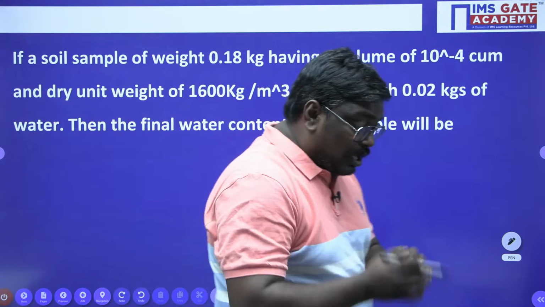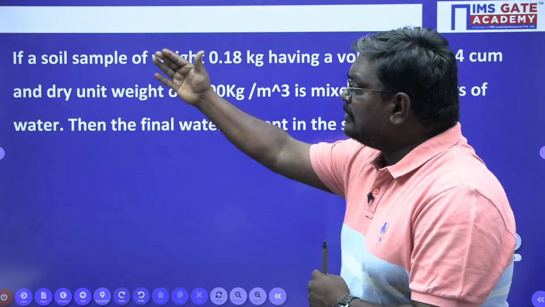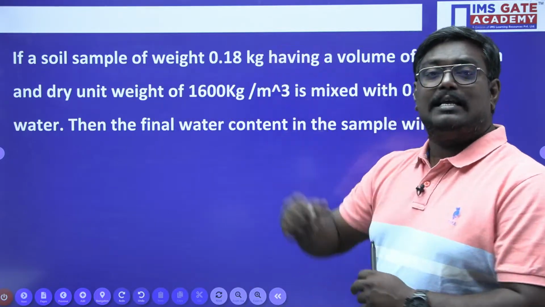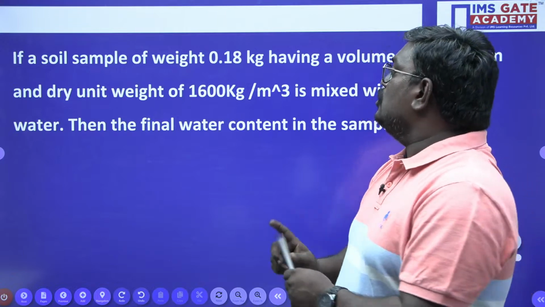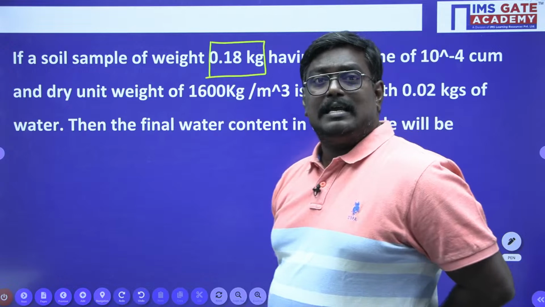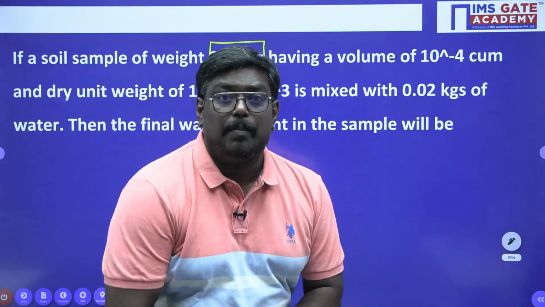My dear students, take your time to read this question. The question here we have is, a soil sample of weight 0.18 kg, having a volume of 10 power minus 4 meter cube.